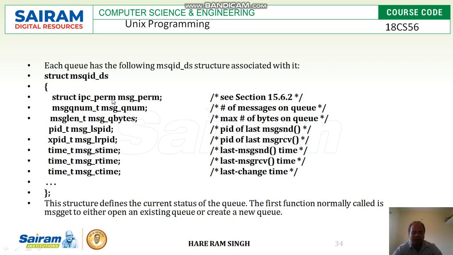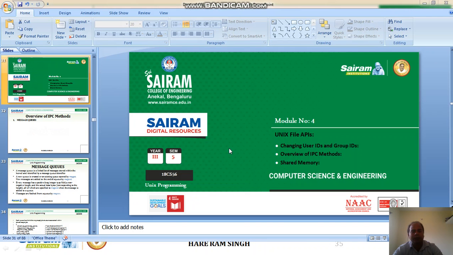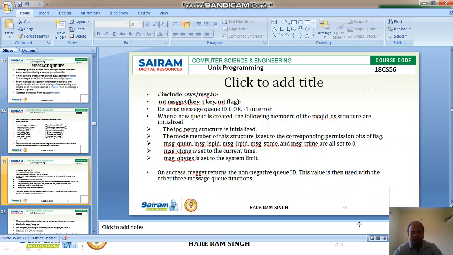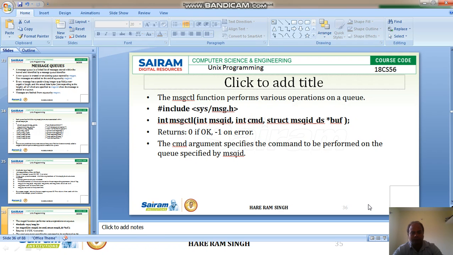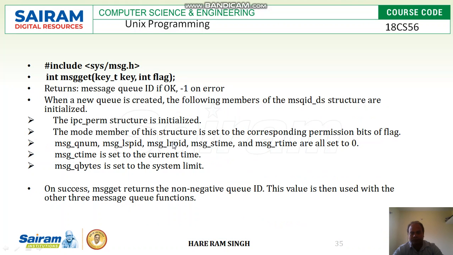The mode member of this structure is set to the corresponding permission bits of flag, and msg_qnum, msg_lspid, msg_lrpid, msg_stime will all be initialized to 0.